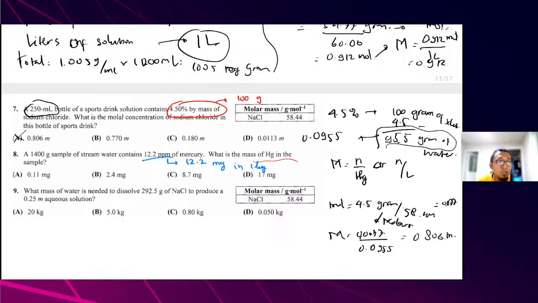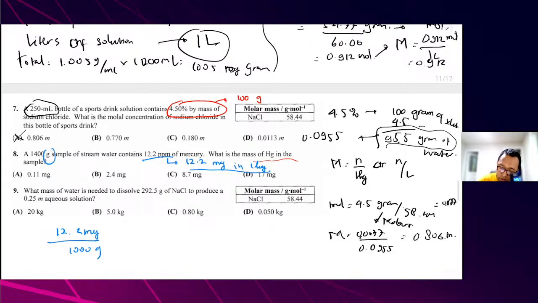Now we need to take a look at the information. The first step is using the 12.2 milligram divided by 1000, because in this case we can see in 1 kilogram. You can use 1000, or because in this case it's gram, we can use gram over here.